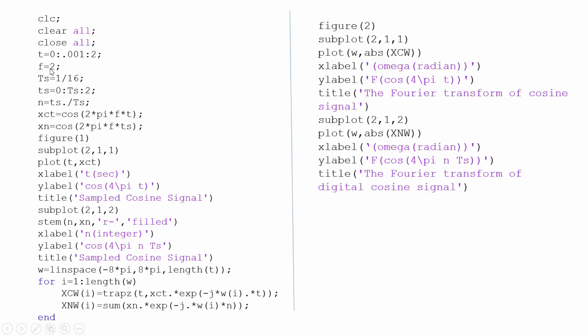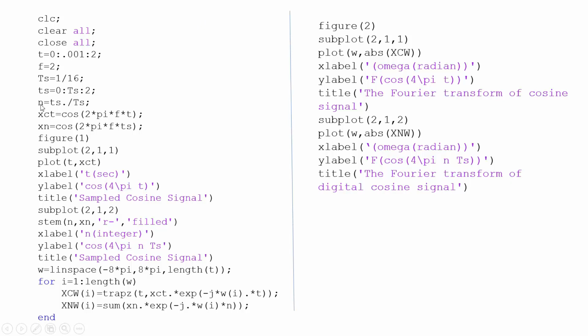And we know that in our example, in the previous slides also, we have taken the frequency of the signal as 2. The sampling period is chosen to be 1 over 16. We create a time vector from 0 to 2, with steps of 1 by 16, which is the sampling instant.